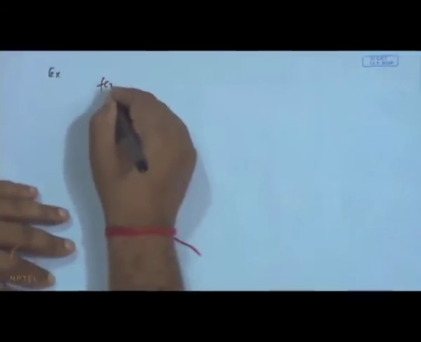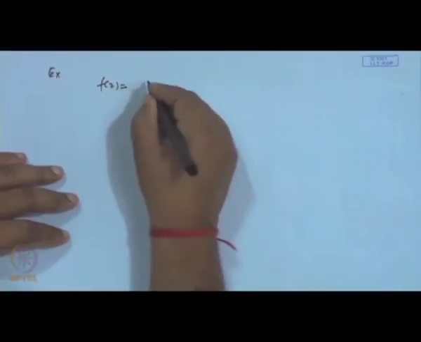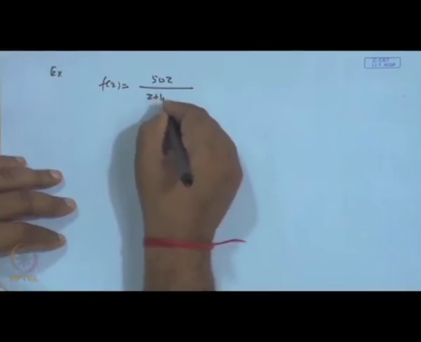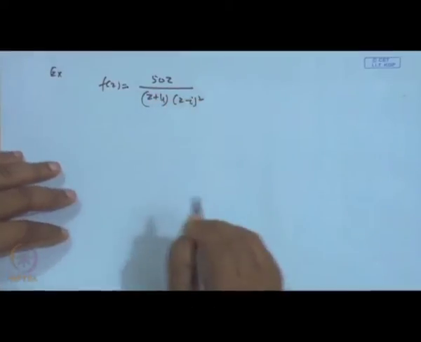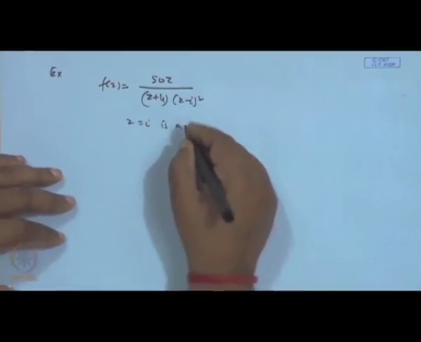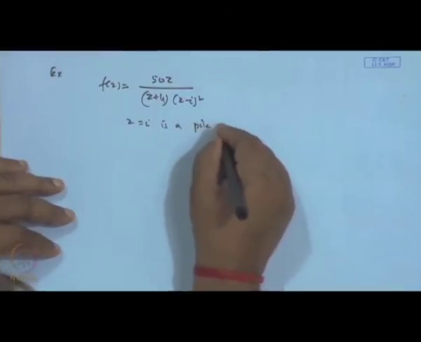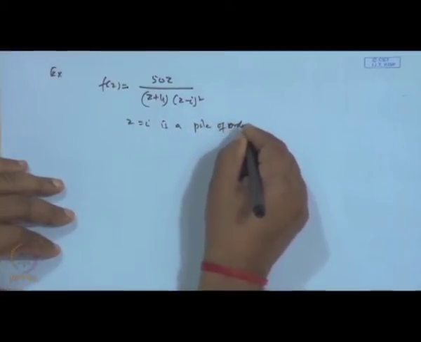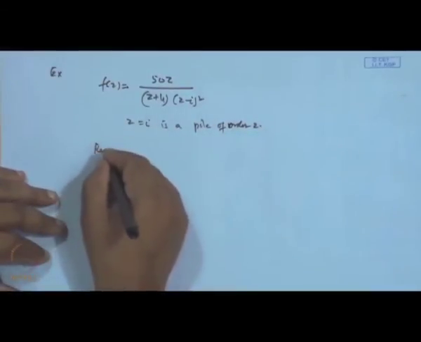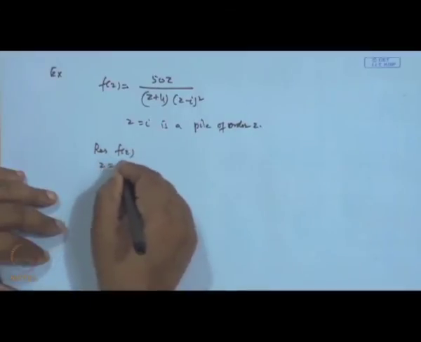For this, I will take one example. Say, if we take the function f(z), which is 50z over (z plus 4)(z minus i) whole square. Obviously z equal to i is a pole of order 2. Okay, this is of second order. So, what is the residue of this function f(z) at z equal to i?